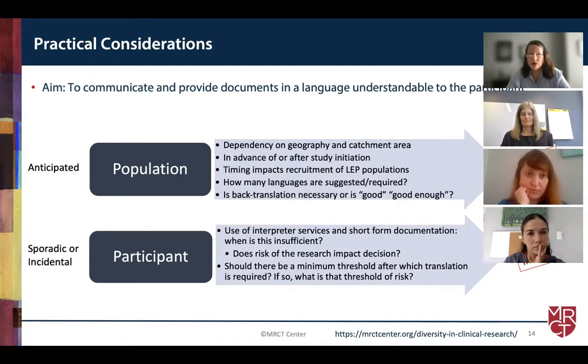And that's when we think about using interpreter services and short form documentation. And when should you follow up with greater information? When does the risk of the research impact that decision as to whether to include them? And should there be a minimum threshold after which translation is required? If you get the first person who speaks Portuguese, that's one thing, but if you're on your sixth, is that another? And is there a threshold for risk?